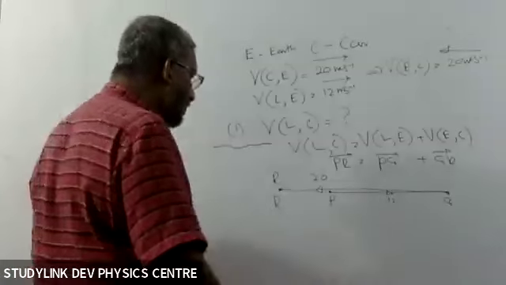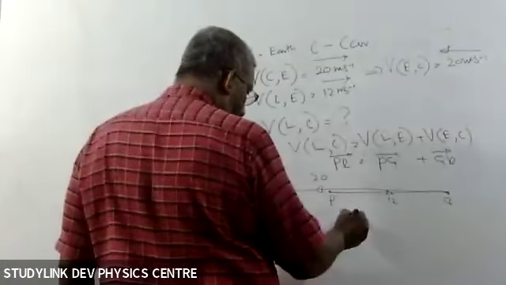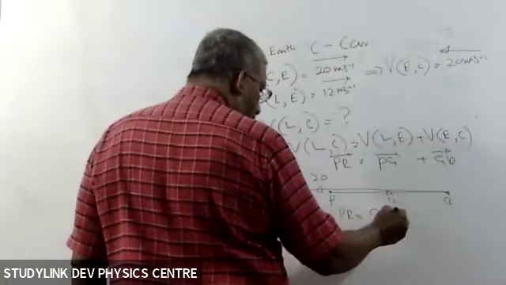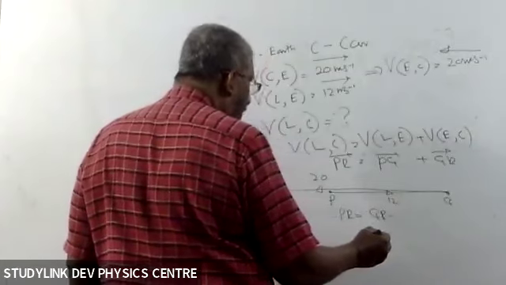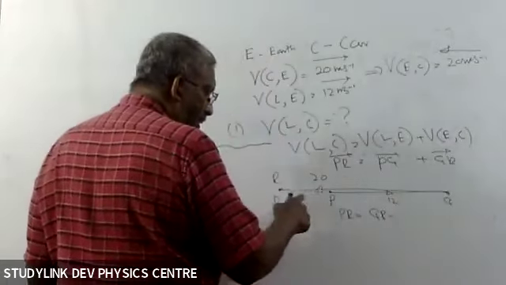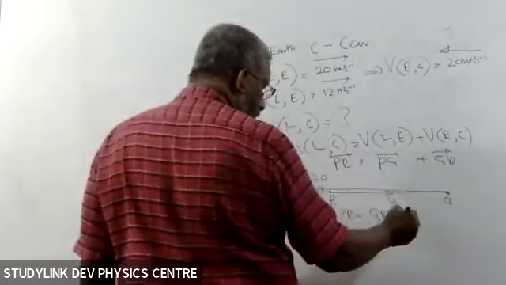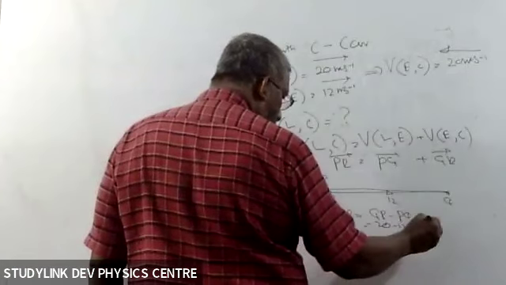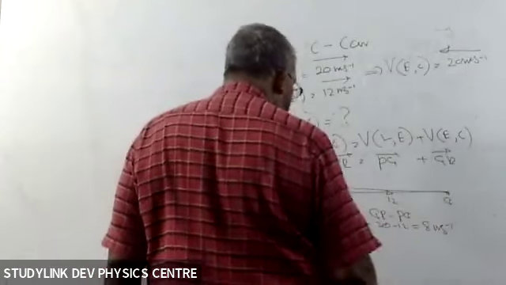PR is QR minus PQ, 20 minus 12, that is 8 m s minus 1.